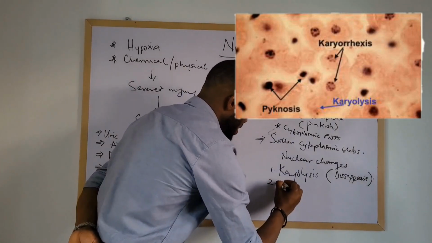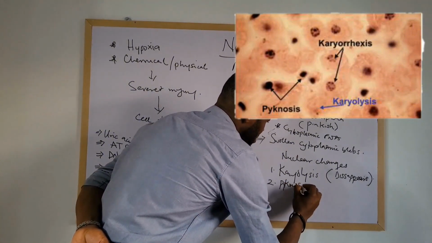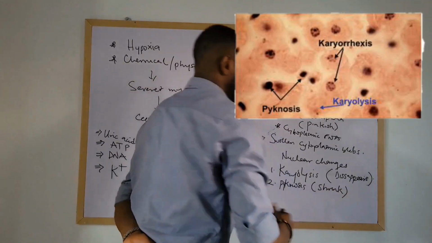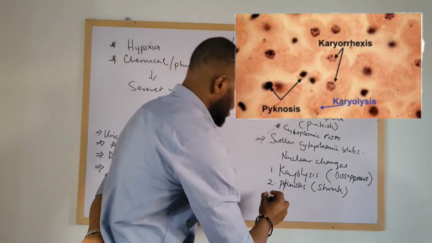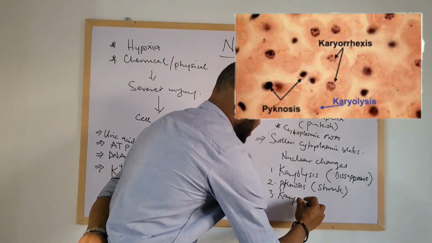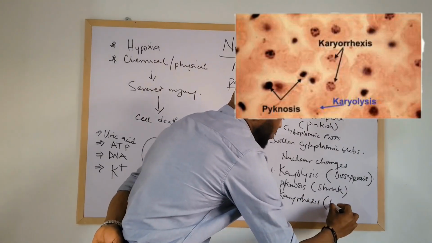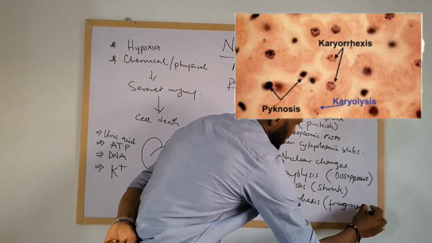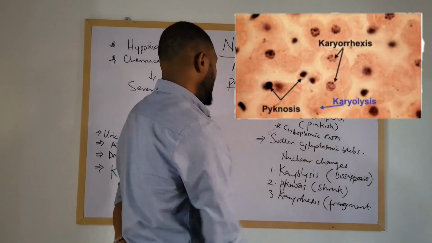We have pycnosis, where the cell shrinks, and pycnosis also happens in apoptosis. And finally we have karyorrhexis, where the nucleus fragments. So these are nuclear changes, karyolysis, pycnosis, and karyorrhexis, that we see in necrosis.